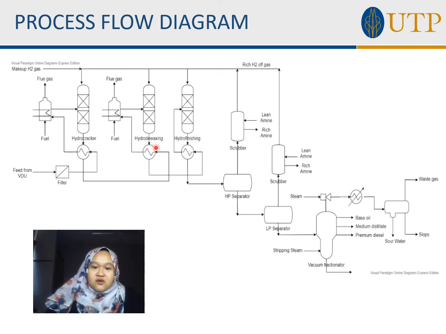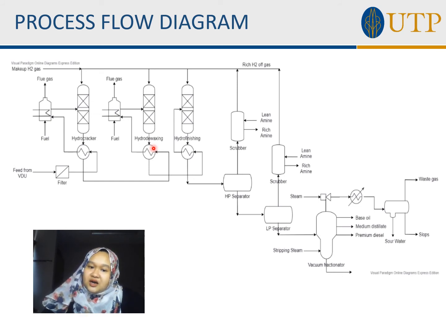For hydro-dewaxing, the operating temperature is 275 to 425 degrees Celsius and the pressure is around 300 to 3000 psig, and we propose to use a zeolite for the catalyst, which is ZSM-11, as it consists of medium pore size.